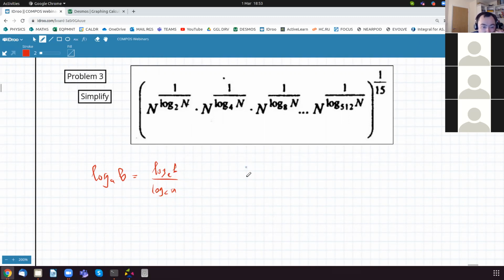So logarithm of 2 over n can be written as log n over logarithm n2. Or in other words, it can be written as 1 over logarithm n2.